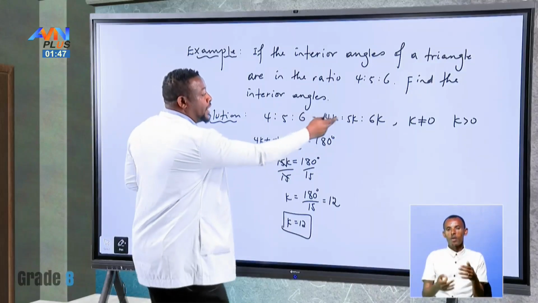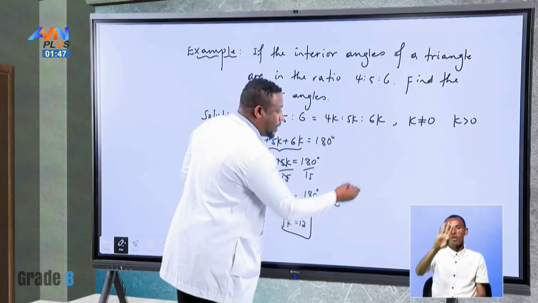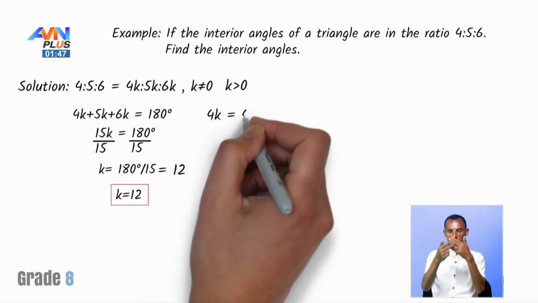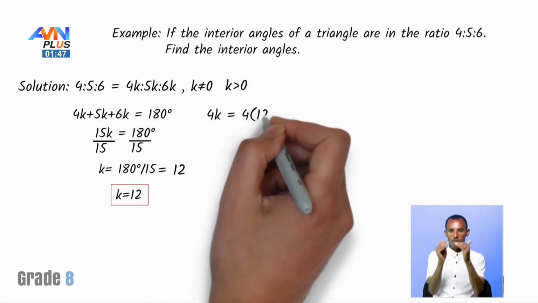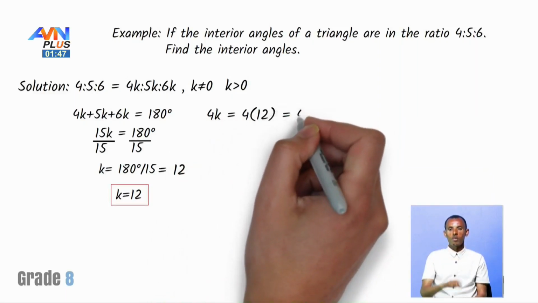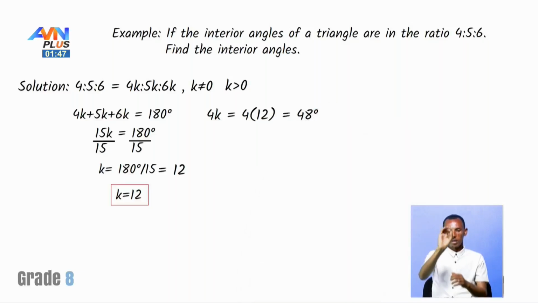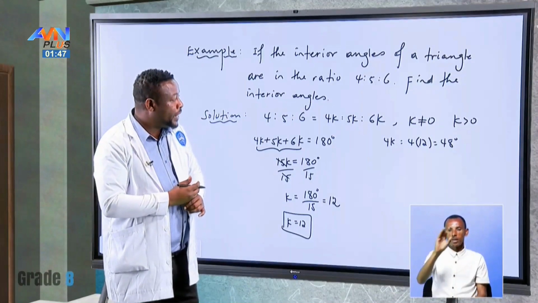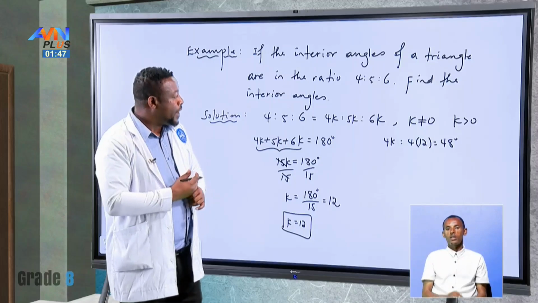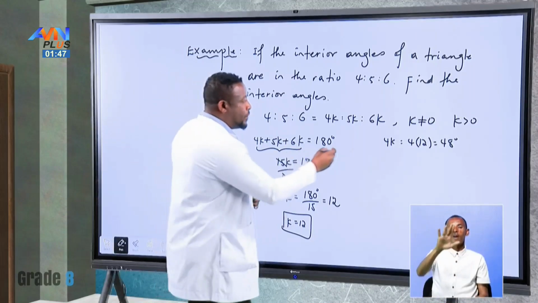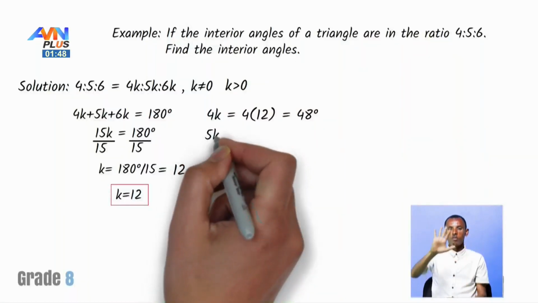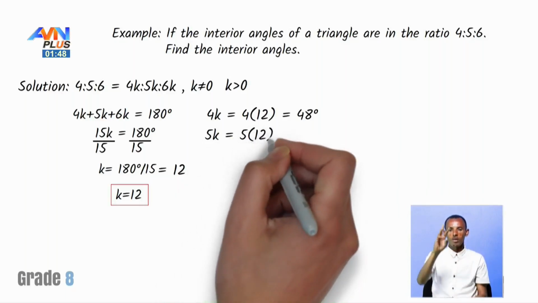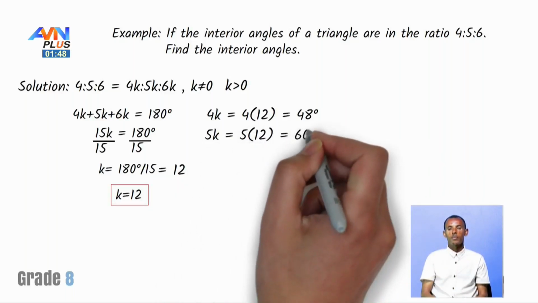One of the angles is 4K, okay? 4K means 4 times 12, which is 48 degrees. One of the angles is 48 degrees, and 5K is 5 times 12, which is 60 degrees, right?